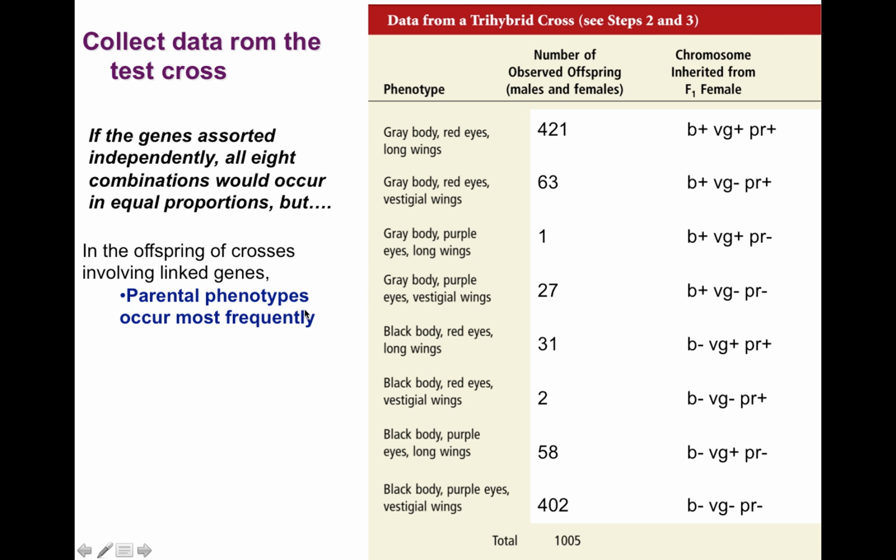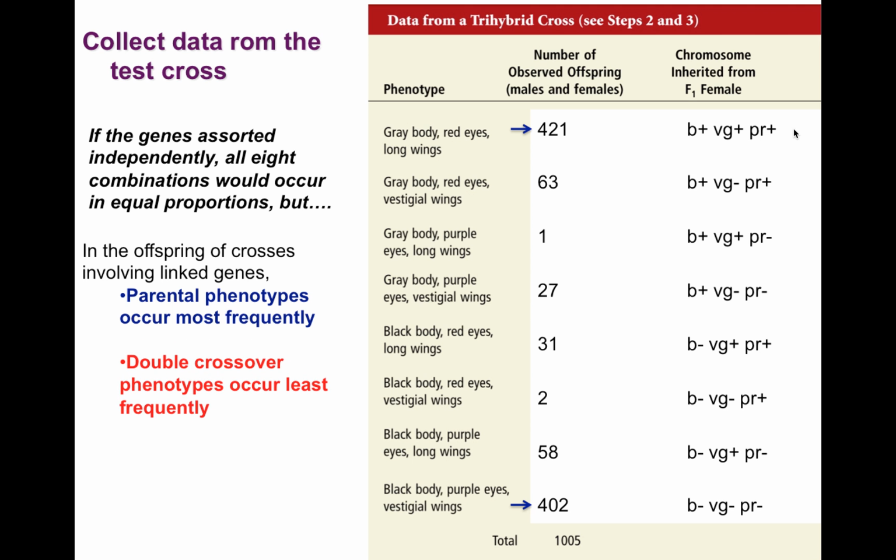The parental phenotypes occur the most frequently, either the wild type or all 3 mutants. Here we have 402 for the 3 mutant alleles and 421 for all 3 wild type alleles. Those are the most common.